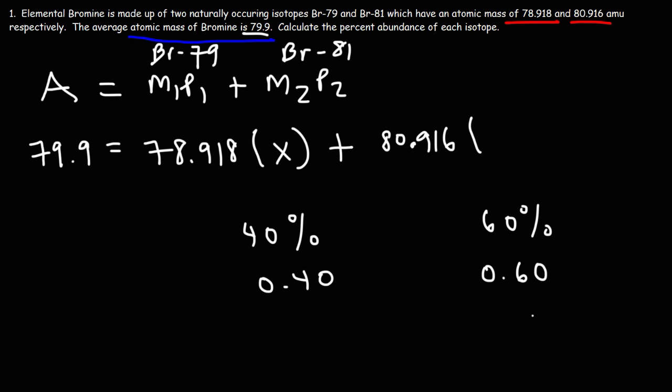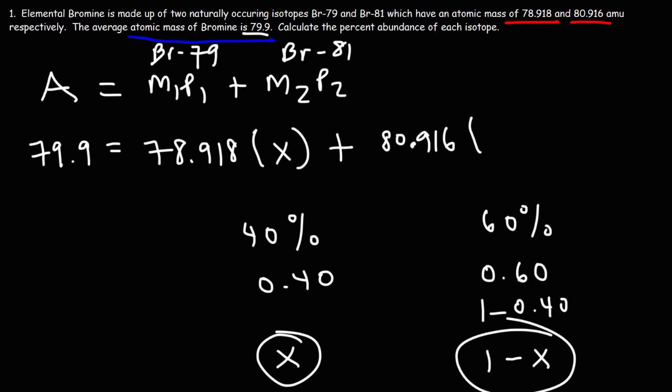Now notice that 0.60 is 1 minus 0.40. So if 0.40 corresponds to X, 1 minus 0.40 is 1 minus X. So when you add these two together, you get 1, which corresponds to 100%, because the percentages must add up to 100%, which is the same as 1. So for P2, we're going to write 1 minus X.